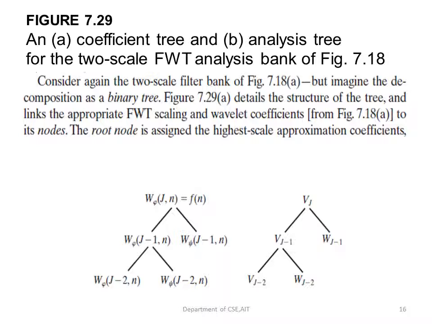Here you can see W of phi of J,n is equal to f of n, and it is partitioned as j minus 1 and j minus 1. Similarly, the j minus 1 will have j minus 2. This is for the wavelet function. And for the scaling function also, the V of j will be divided as V of j minus 1 and W of j minus 1. In turn, every V will have a V component and a W, that is the scaling function and the wavelet function.